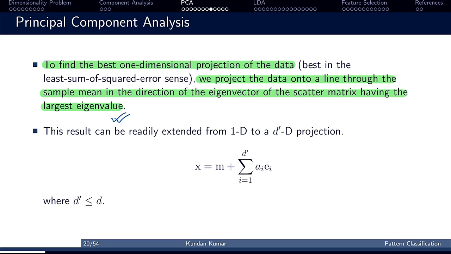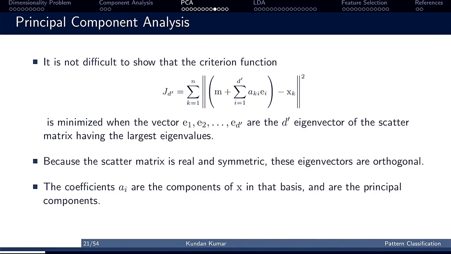This one-dimensional result that we just obtained can be extended from one dimension to a d-dimensional projection, where we substitute x to compute the cost function, where d dash is less than or equal to d. Then it is not difficult to show that we have to define the criterion function for the d dash dimensional space.